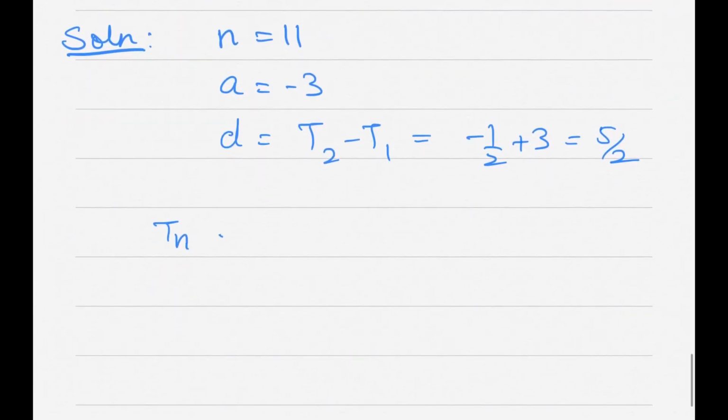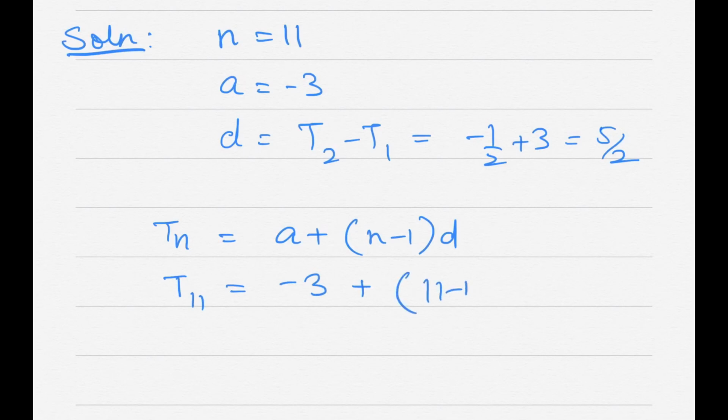So write down the formula. Tn is equal to A plus n minus 1 into D. So my 11th term, T11, will be equal to A which is minus 3, plus 11 minus 1, and D is my 5 by 2. So let's calculate. Minus 3 plus this is 10 into 5 by 2.